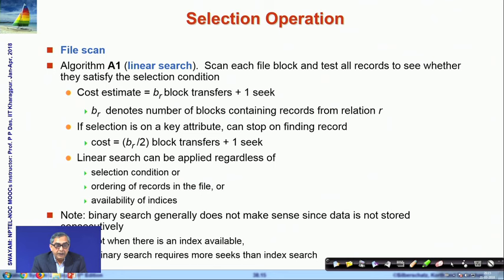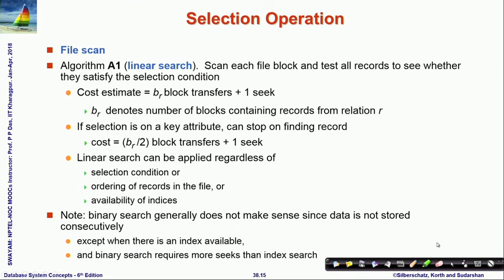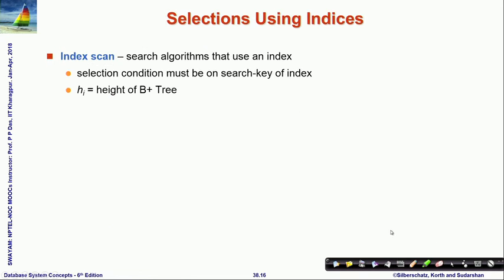You may note that in memory, when we search, we keep the data sorted and binary search is efficient, but that is not the case for us here, because the data is not stored sequentially, it is in terms of a tree structure. So, when an index is available, we will do an index based search, otherwise we will have to do a linear scan alone. This was the first algorithm that we can think of.